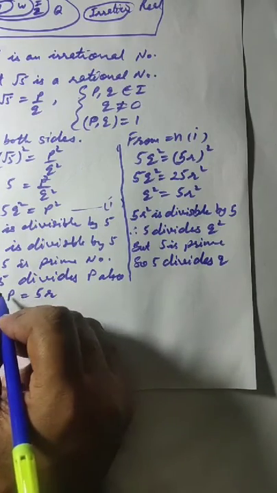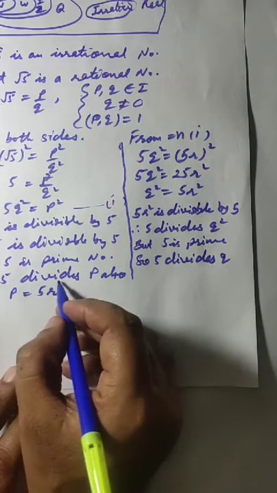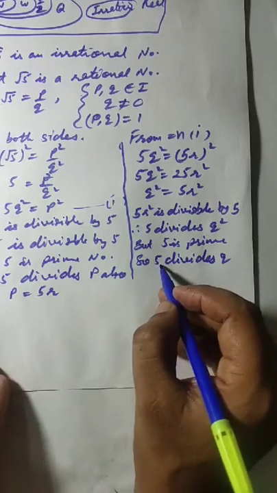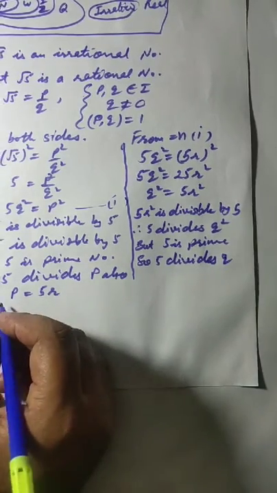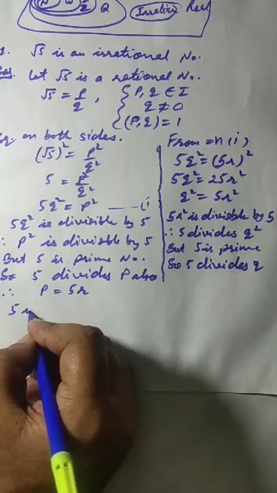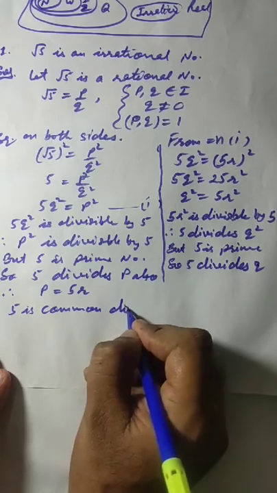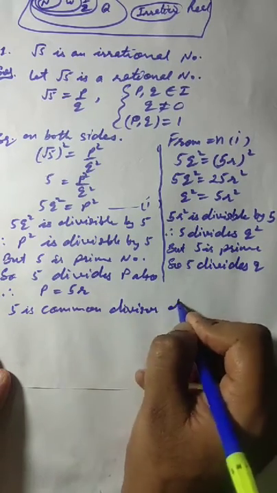So if we conclude these two statements, 5 divides p and here 5 divides q, that means 5 is a common divisor of p and q.